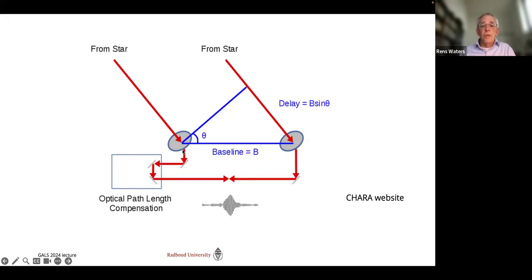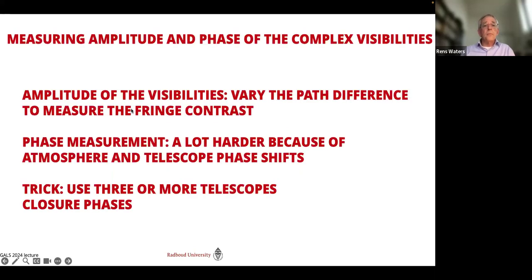And then after the signal has gone through a delay line, so this one has to wait a bit before it can be combined with this one, which is en route a bit longer, you have a beam combiner that then creates the interferometric signal, which are the fringes. So the amplitude of the visibilities is measured by varying this path difference between the two telescopes, and that's the most direct way to measure the amplitude of the visibilities.